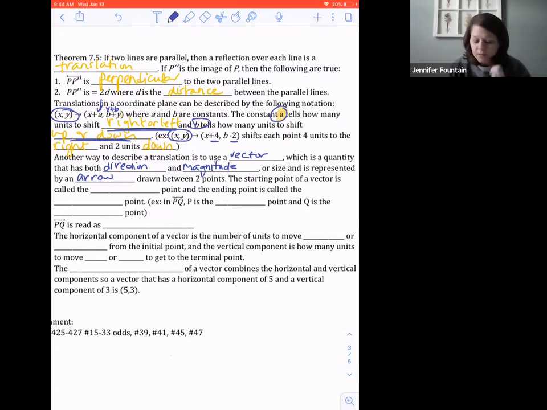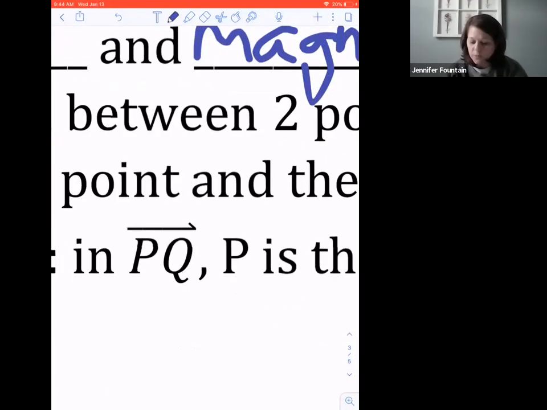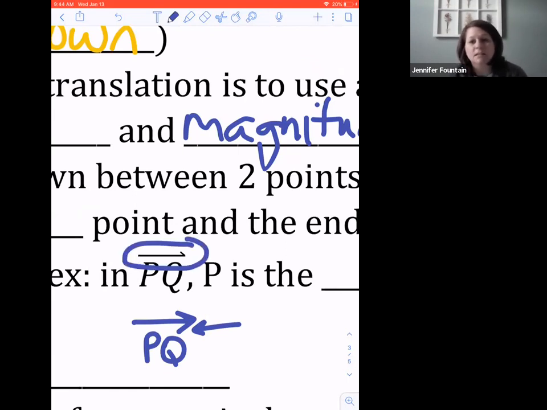Now, if you look, the arrow is a little bit different than when we do a ray. Think about a ray. If I had ray PQ, notice it's got this second part of the arrow at the bottom. But notice here, my arrow only has the top part. So that's a very small difference with my symbols.